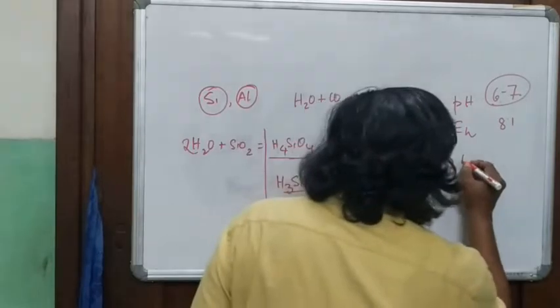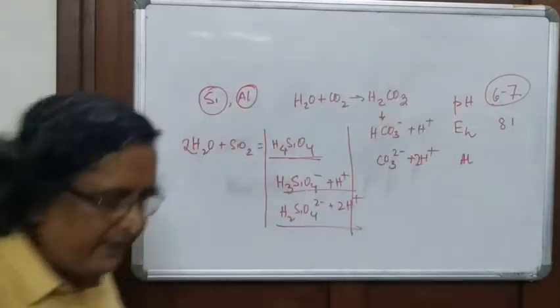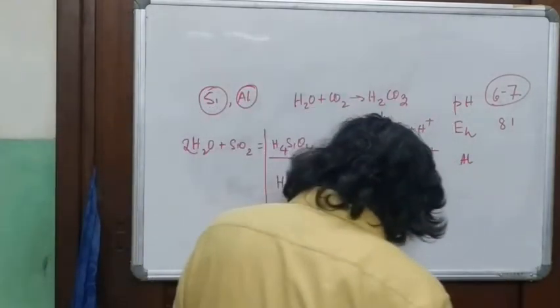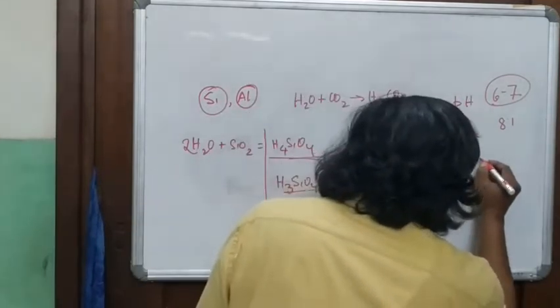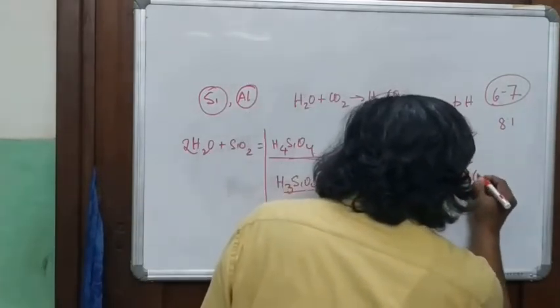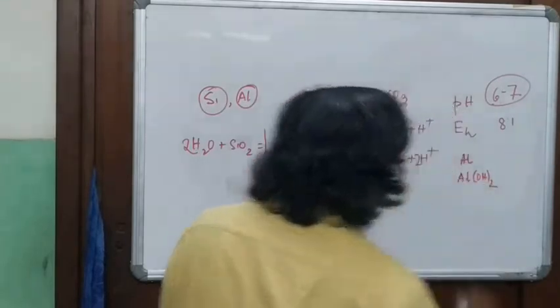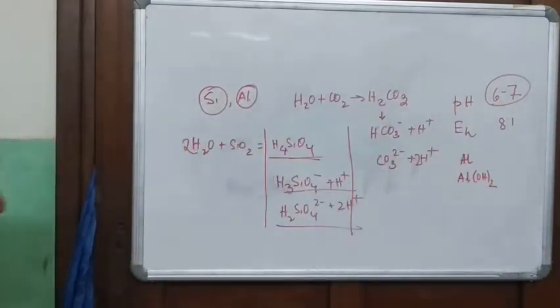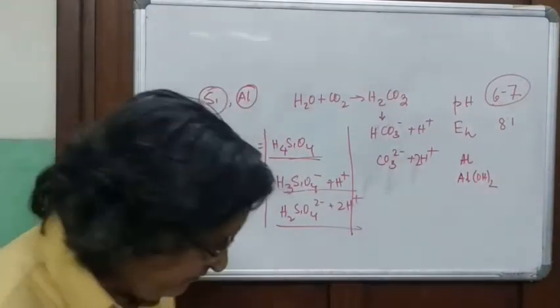Similarly, if you take aluminium, the species of aluminium are: the most important is Al(OH)3. That's the most important thing. This mineral is called gibbsite.